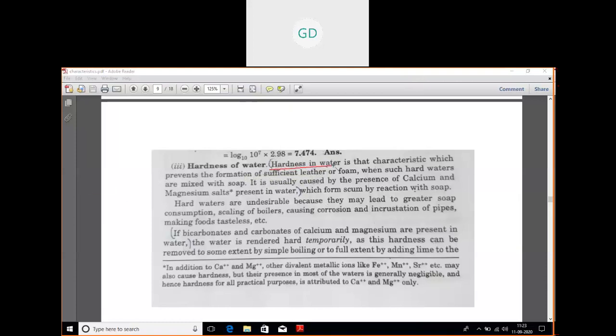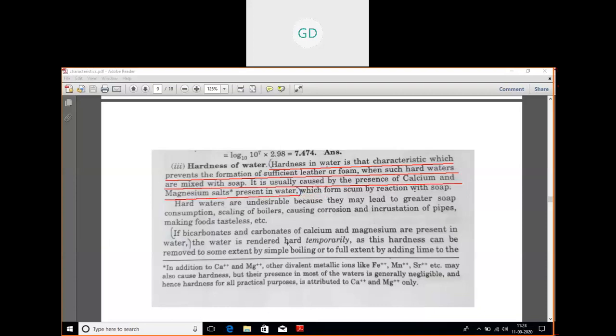You can write: hardness in water is that characteristic which prevents the formation of sufficient lather or foam when such hard waters are mixed with soap. It is usually caused by the presence of calcium and magnesium salts in water.